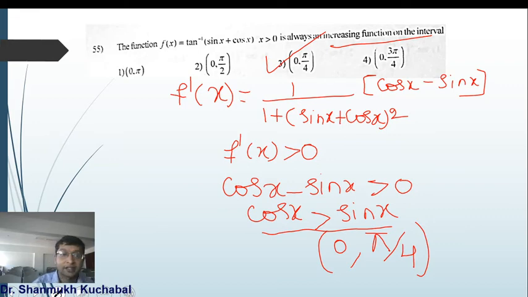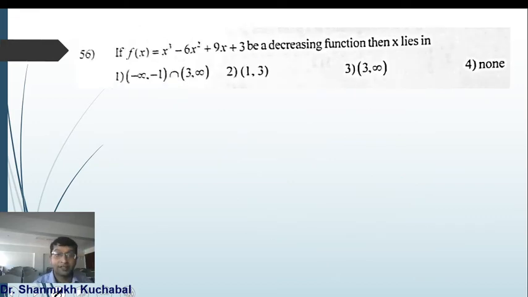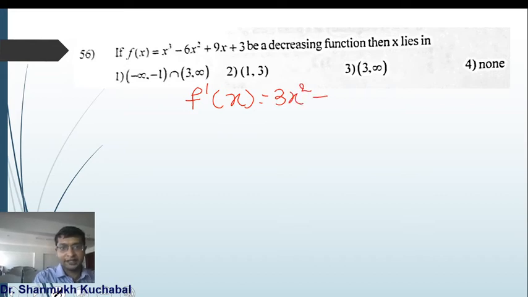Yes, we'll move to our next example. Example number 56. f of x equal to x cube minus 6x square plus 9x plus 3 is a decreasing function, then x lies in which interval we need to calculate. So first I will find the differentiation f dash of x. The x cube differentiation is 3x square, minus the 6x square differentiation is 12x, plus the 9x differentiation is 9.